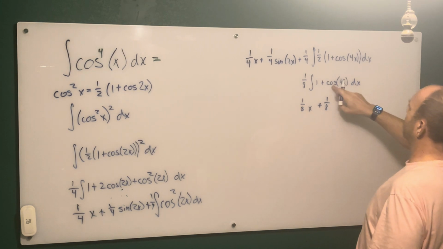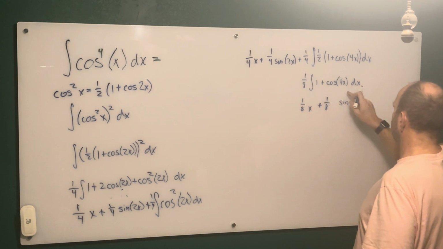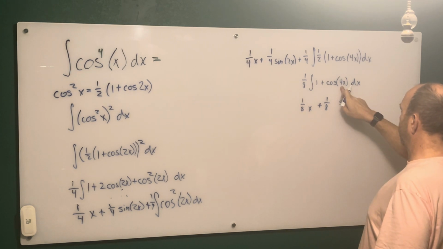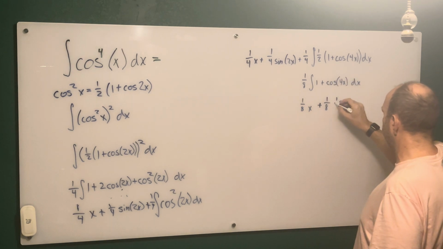So to get cosine, I need sine. But I would have sine of 4x, so I need to multiply that by 1/4.